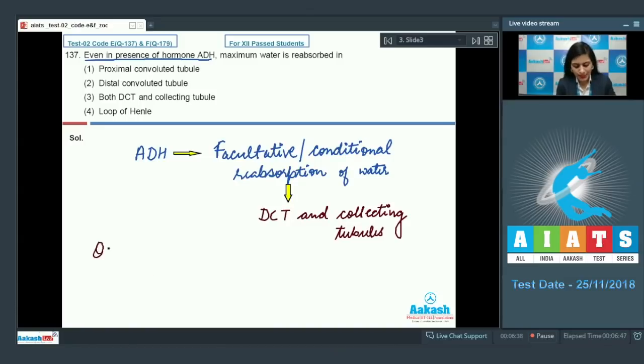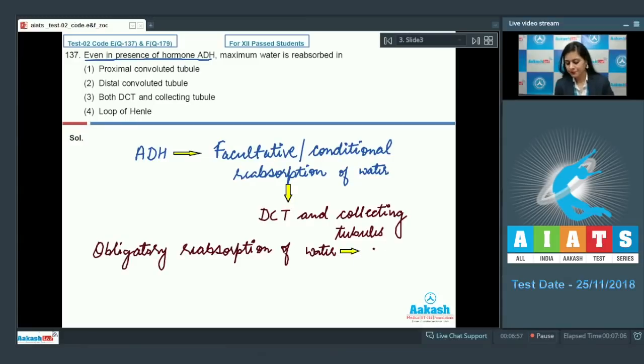Whereas obligatory reabsorption of water occurs in PCT, proximal convoluted tubule. So among the given options, we know that the correct answer for this question, that is where maximum water is reabsorbed, is proximal convoluted tubule.